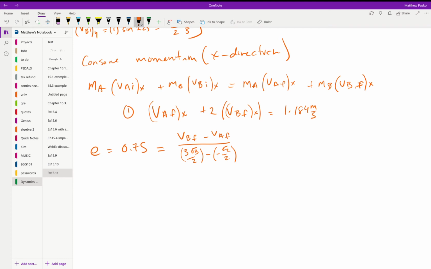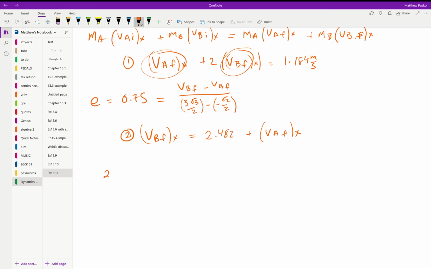If you simplify this, we get another equation. We have 2 unknowns, so we need 2 equations. I can get the velocity of B final in the x direction equal to 1.482 plus the velocity of A final in the x direction, and we'll call that equation number 2.